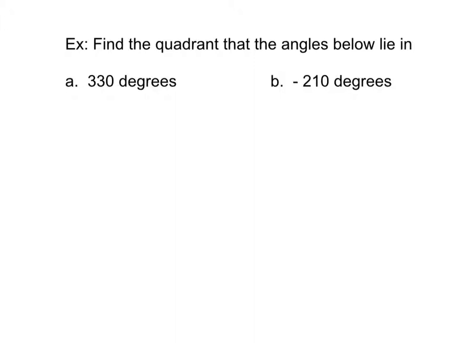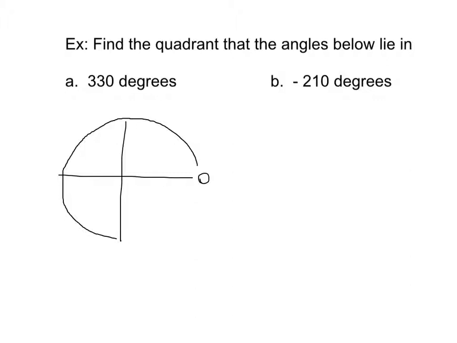So we're going to sketch it very quickly. We say, okay, here's my plane. The first one, 330 degrees. It's in a positive direction, so we start at 0. We go to 90. We go to 180. We go to 270. But we don't quite make it to 360 again, right? We're 30 short. So if it had asked for you to draw this, it would look like this.